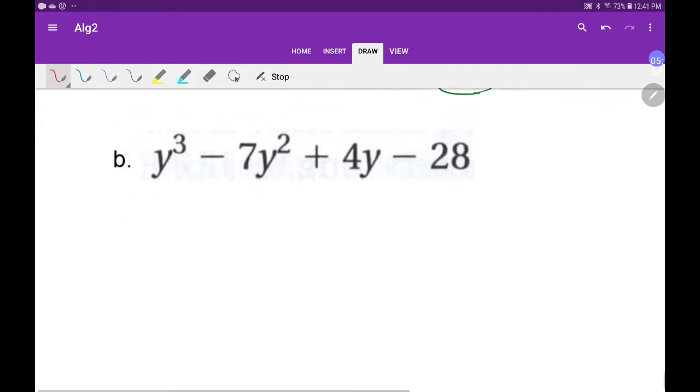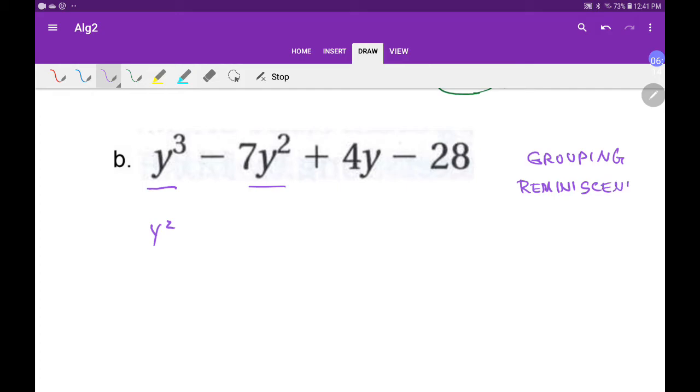Okay, so I look at the second one, and I say, you know what's common about both of these? There's a y squared in both of those. This is grouping. I'm doing this by grouping. It's reminiscent of ACB. Okay? So let's see, I factor out the y squared, and I get y minus 7 left behind.